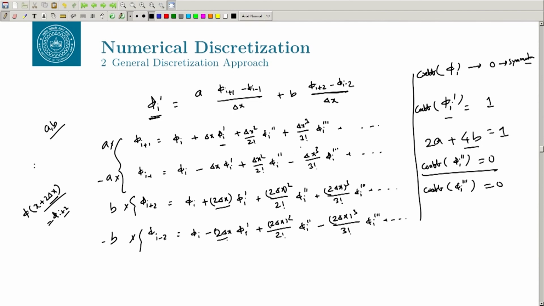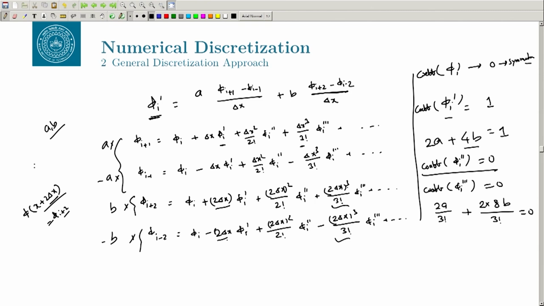So, if you do that, this is delta x cube by factorial 3. This is A and A, so that will be 2A by factorial 3, and then plus B and B, where 2 cube is 8, so 2 into 8 B by factorial 3, is equal to 0.